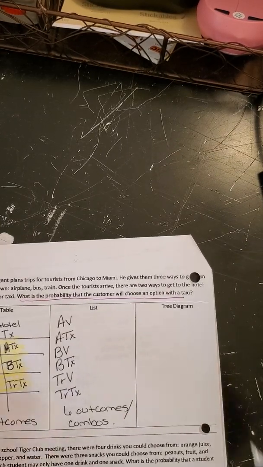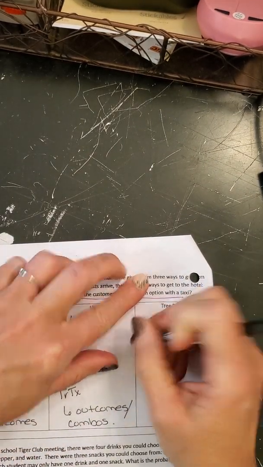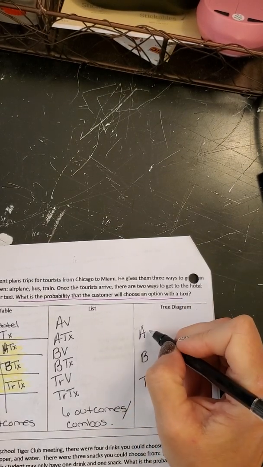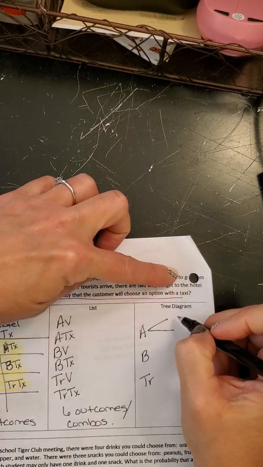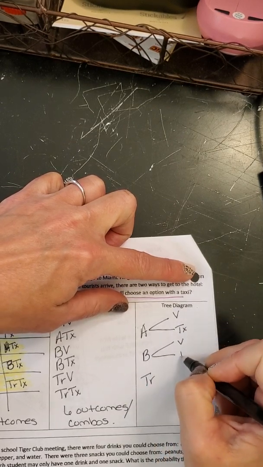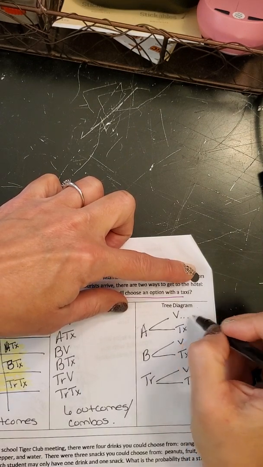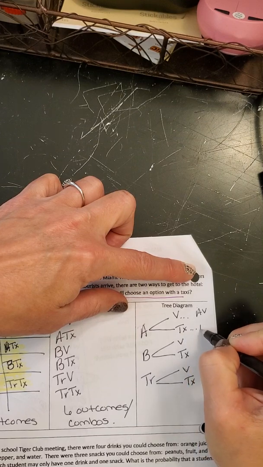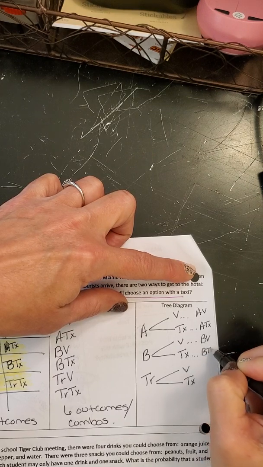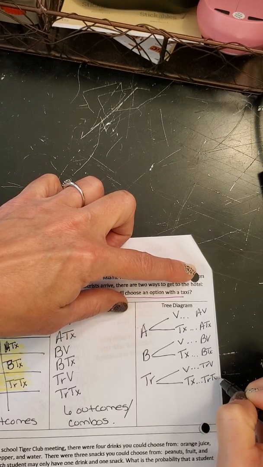Now let's do our tree. So the first thing we do, we're going from town to town. So we can go by airplane, bus, or train. And then we can go van or taxi. Van or taxi. Van or taxi, which gives us airplane, van, airplane, taxi, bus, van, bus, taxi, train, van, train, taxi.